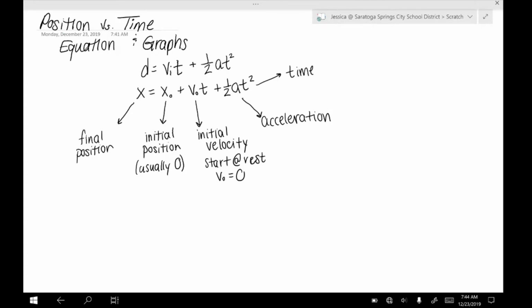Now if we're doing this with positions and velocities, remember position, velocity, and acceleration are all vectors, which means the direction matters.